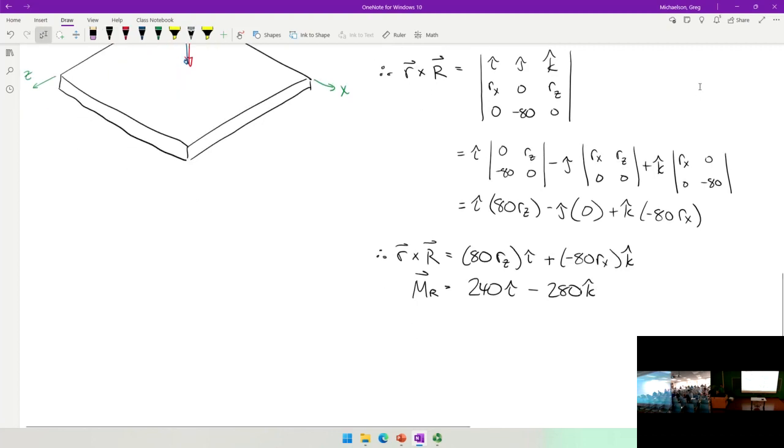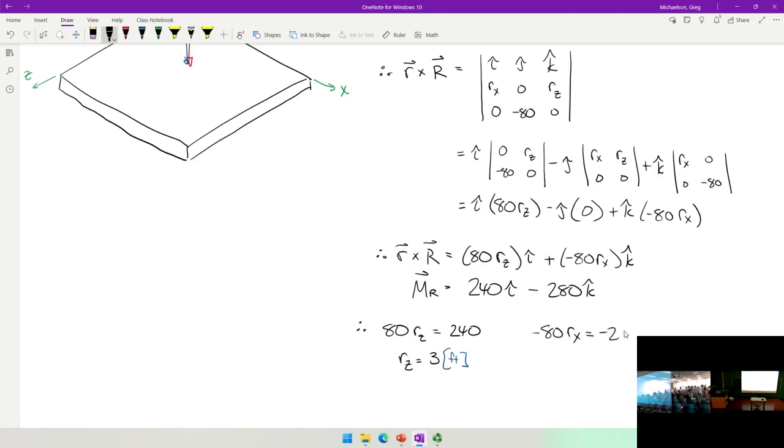So maybe what I ought to do is I should say, therefore, 80 Rz is 240. So Rz is 3, in this case 3 feet. And negative 80 Rx is negative 280. Or Rx is, what is that? 3.5? 3.5?